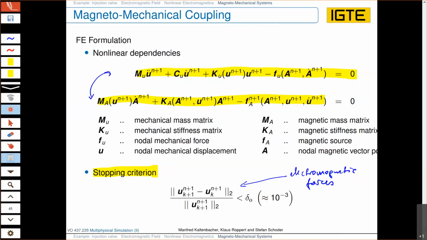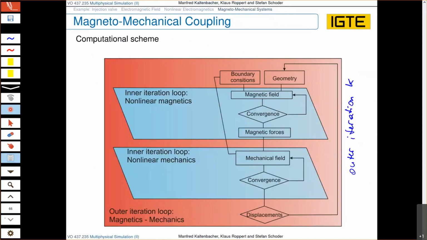So these are the general approaches, because what we see is that for magnetomechanical systems, our coupling terms are nonlinear.